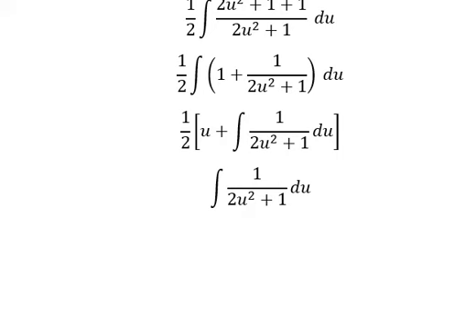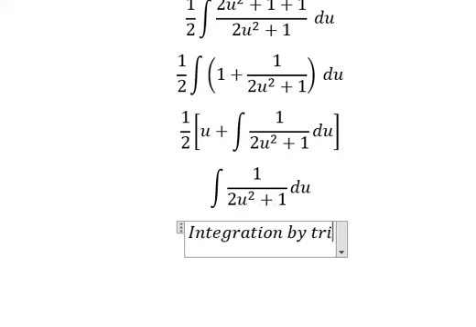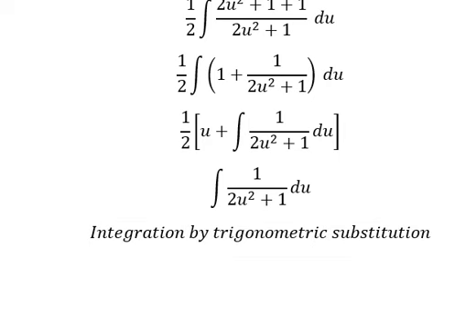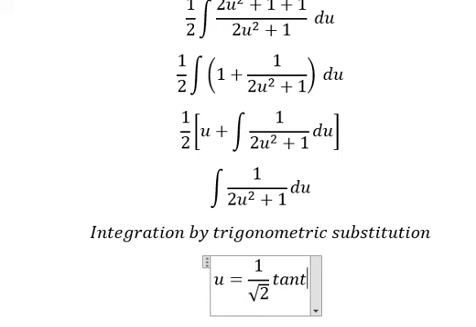So I will use integration by trigonometric substitution. So I will put u equals 1 over the square root of number 2 tan t.